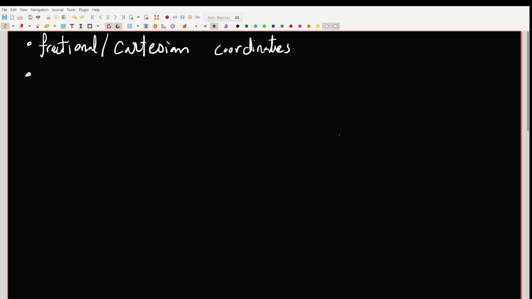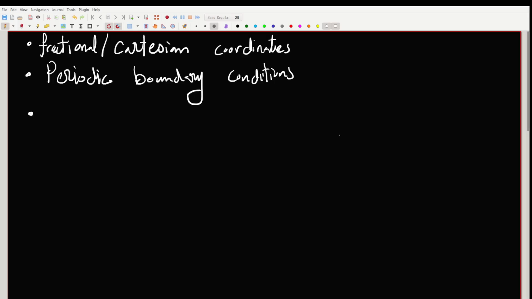The second point that we would like to describe briefly today is periodic boundary conditions. And finally, the third point that we would like to discuss is energy minimization. And with that, after this, we will start doing actual calculations to showcase some of the concepts that we have illustrated over the previous videos.